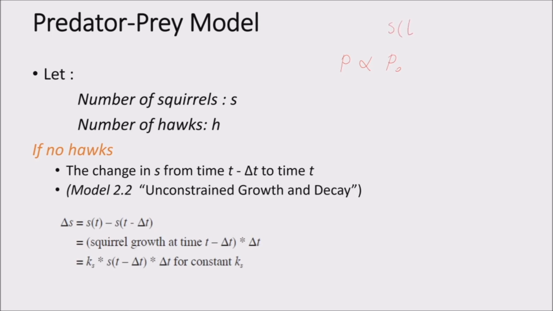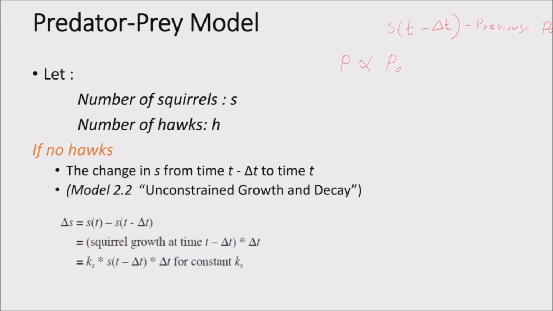So this is the symbol, the notation, we're going to use: the previous population, right? That is what we're going to use here as well.